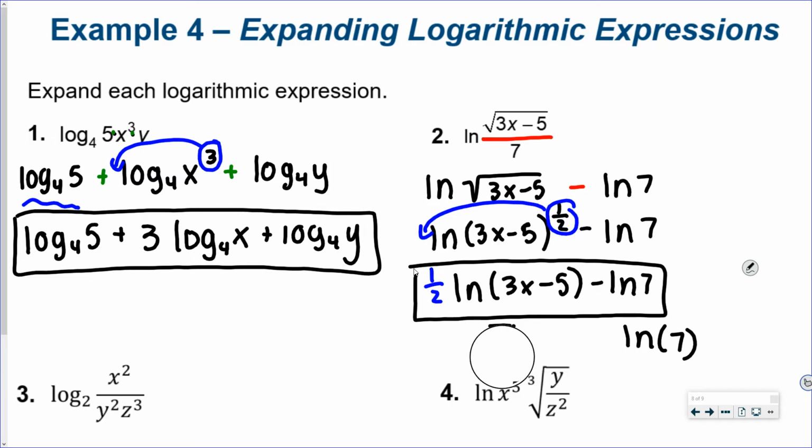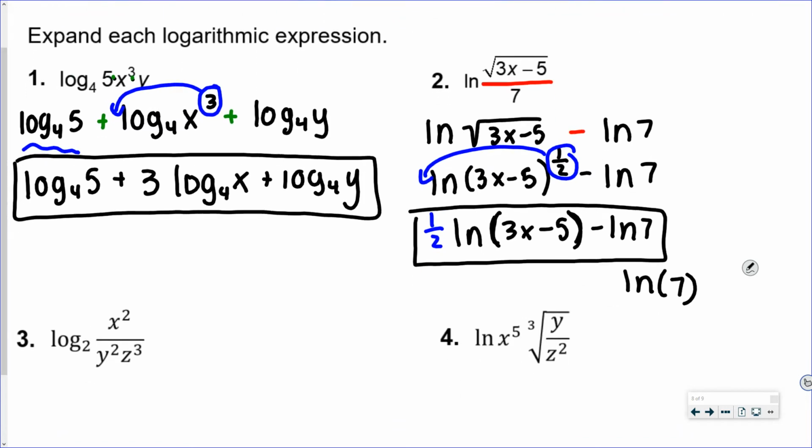So I'll be really picky about this in logarithms, and next chapter when we get to trig, you need to be really specific with what your argument is, or what you're actually taking the natural log of. So use the symbols, use the parentheses. Like I said, here it doesn't matter because you only have one thing, but if you want to, you could write it like that.